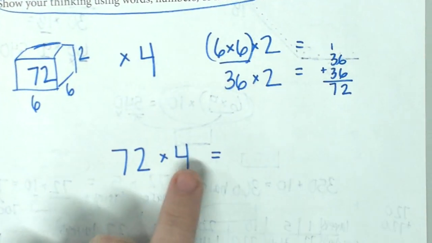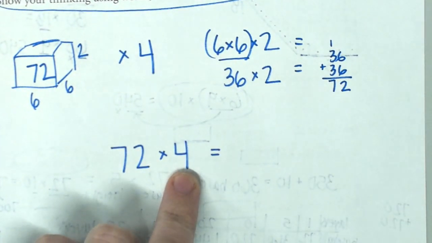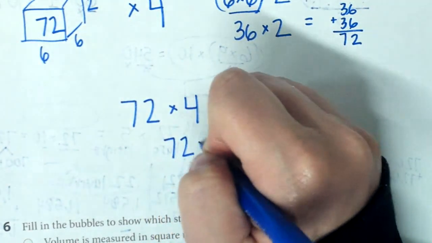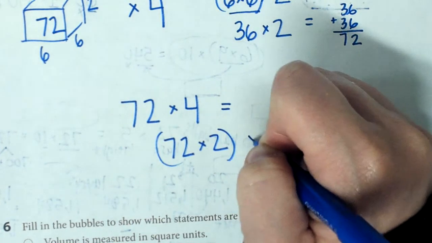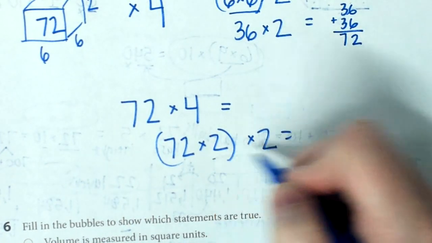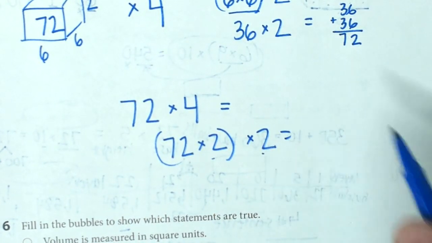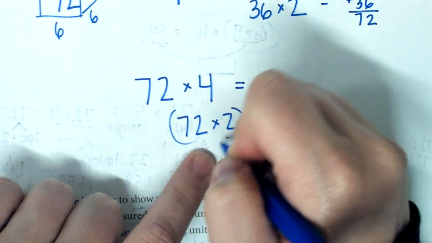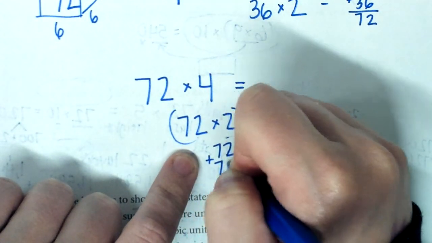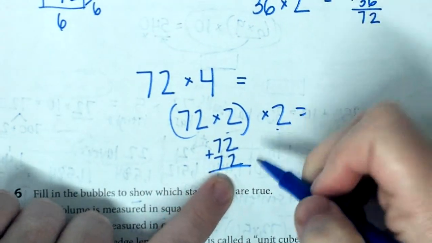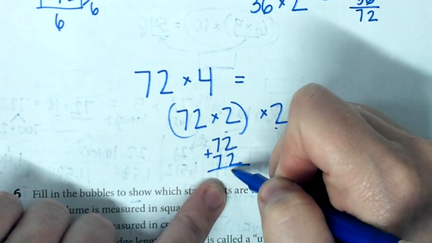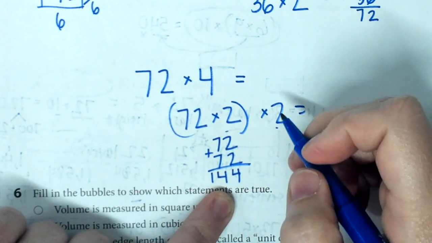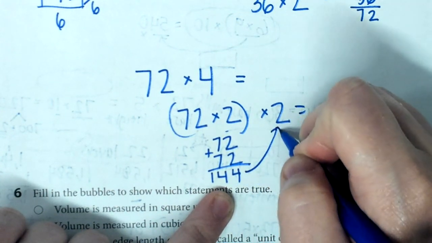What's a good strategy for my fours facts? Double a double. So first I'm going to double 72, and then I'm going to take that answer and double it again. I'm doubling a double. 72 times 2 is the same as 72 plus 72. If I add them up, I get 144. But now I need to take that times 2.